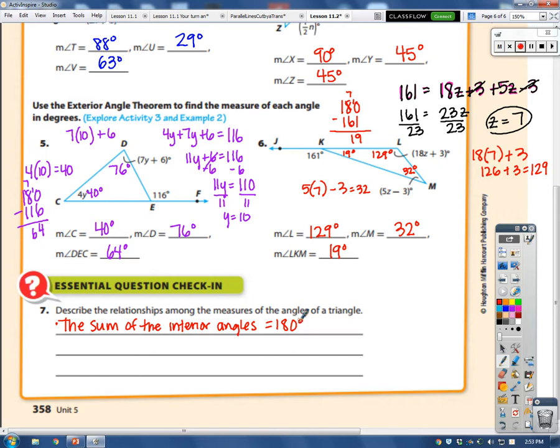The measure of an exterior angle is equal to the measure of its two remote interior angles.